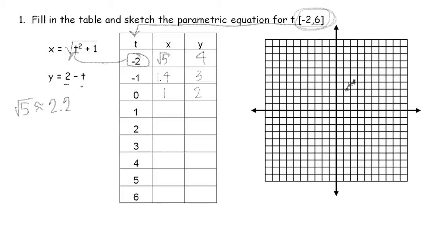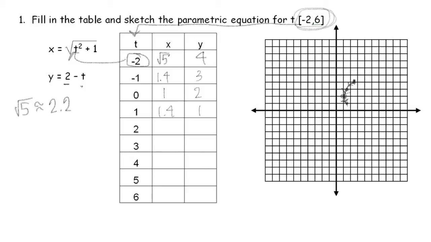And so over 1, up 2, here's my other point, and again continuing that arrow. And our next point would be 1.4, 1. So it looks like we're starting to have a bit of a turn here. Please, no sharp edges here. Try to make your turn.